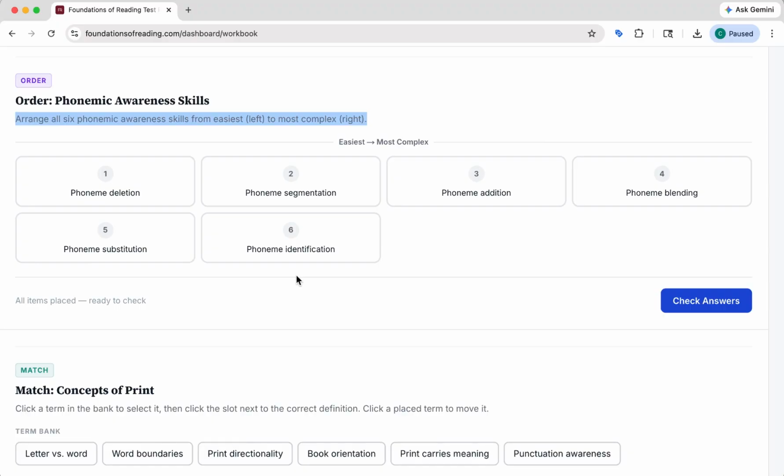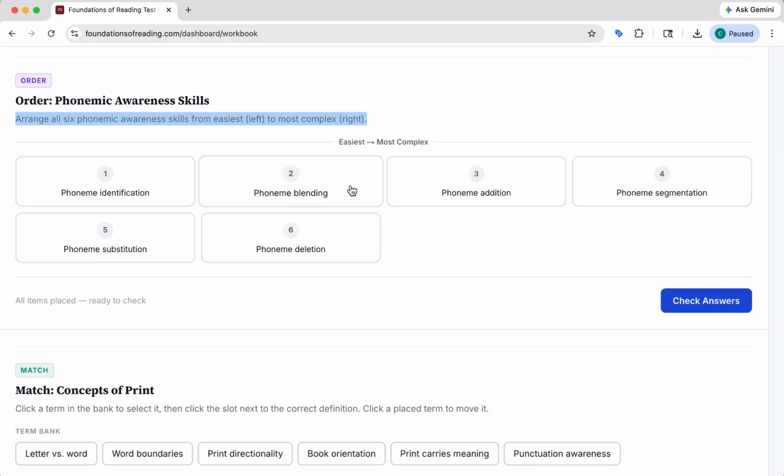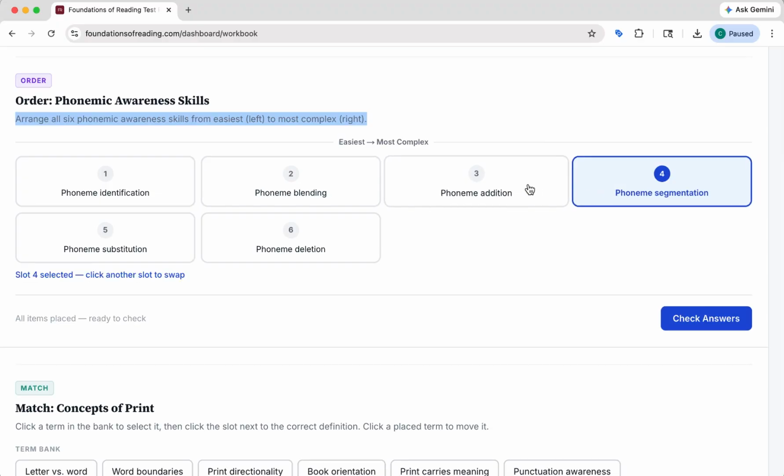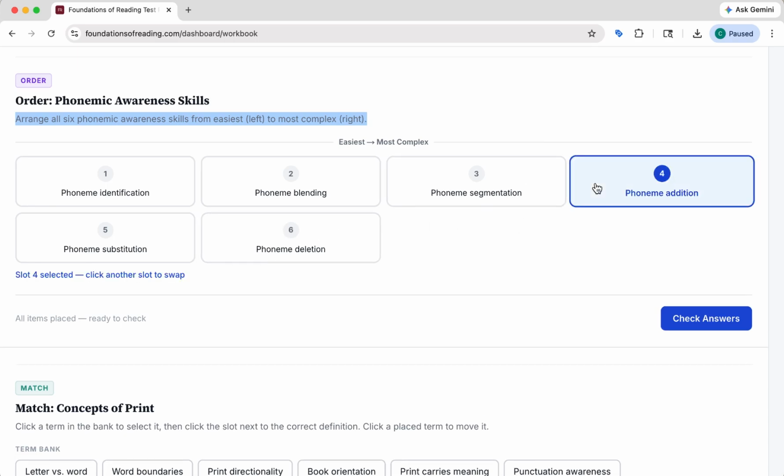Now, first and foremost is phoneme identification. So I'm going to click it and put it to number 1. Second is phoneme blending. There we go. Third is phoneme segmentation. Fourth is phoneme addition. Where is this? Fourth. Okay, good. Phoneme addition. Fifth is, let's see here, phoneme deletion.